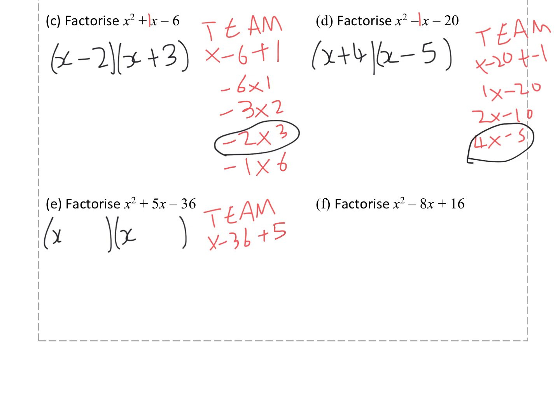We could have 1 times minus 36, 2 times minus 18, 3 times minus 12, 4 times minus 9. Now that one looks good, because 4 and minus 9, that gives minus 5 though.